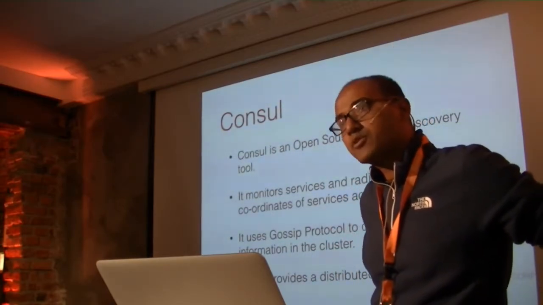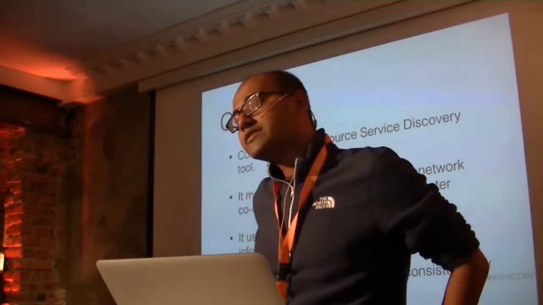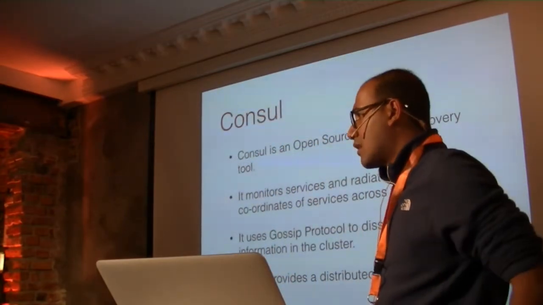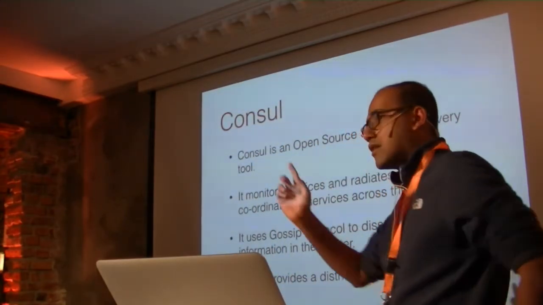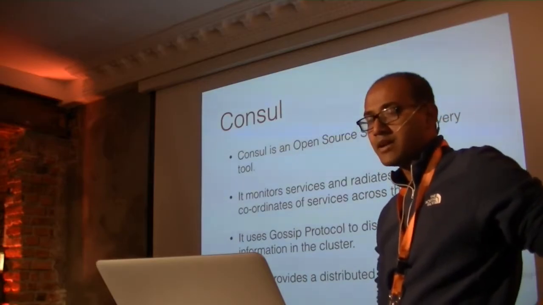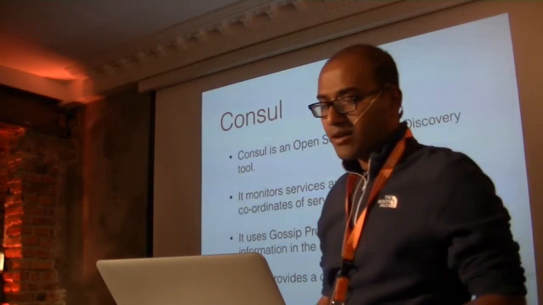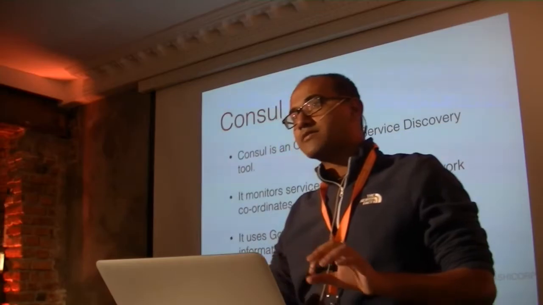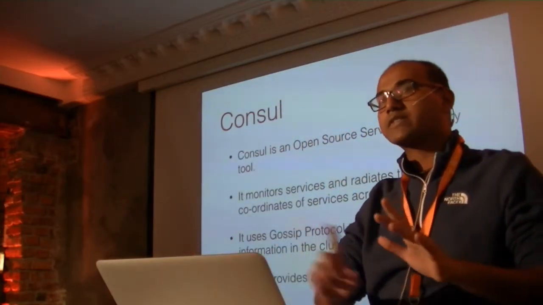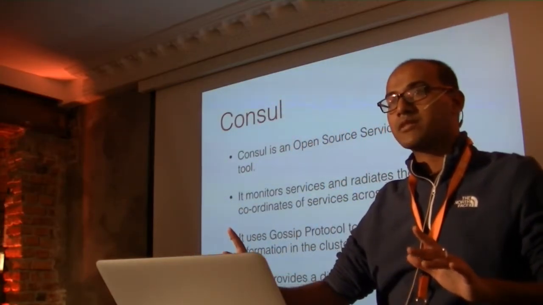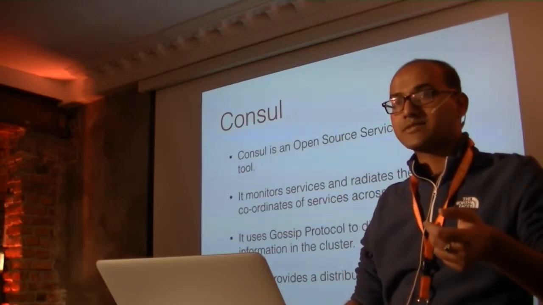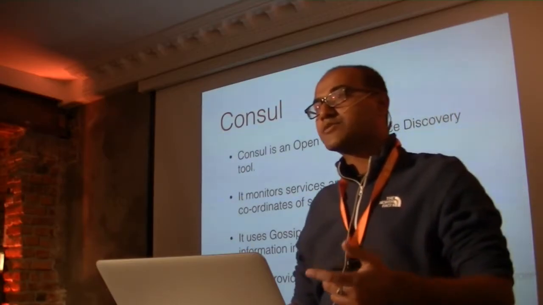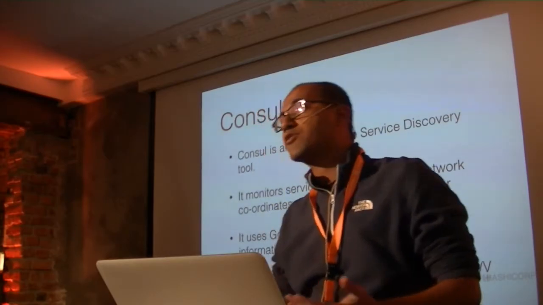It uses a gossip protocol. That's another fundamental difference of Consul from traditional service discovery systems. What it means is that all the servers in the network are talking to each other and sharing this information of where each of the services lives. What happens as a result is we can do much more interesting things like network tomography.